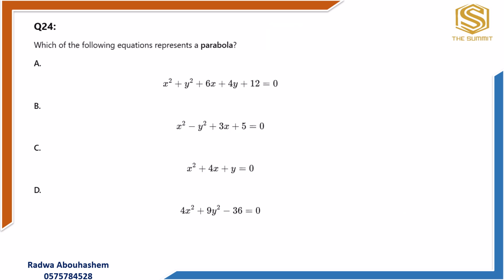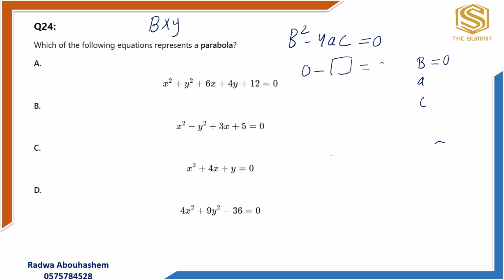Which of the following equations represents a parabola? Parabola means that the determinant equals 0. So b power 2 minus 4ac equals 0. So I have to find b and a and c. Now, b is the coefficient of xy, right? We don't have any xy here, so b equals 0. So it would be 0 minus something equal to 0, right?